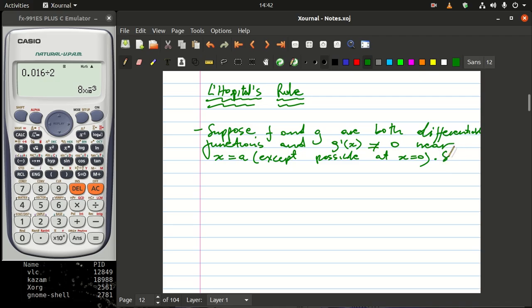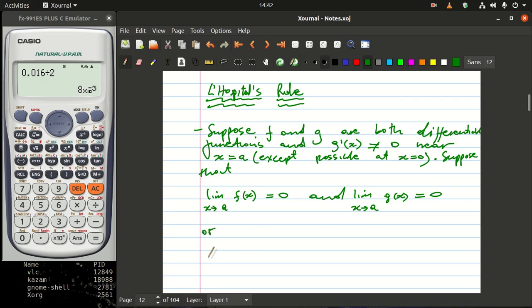And also, we suppose that the limit as x approaches a of f of x is equal to 0, and the limit as x approaches a of g of x is equal to 0, or the limit as x approaches a of f of x is equal to plus or minus infinity, and the limit as x approaches a of g of x is equal to plus or minus infinity.